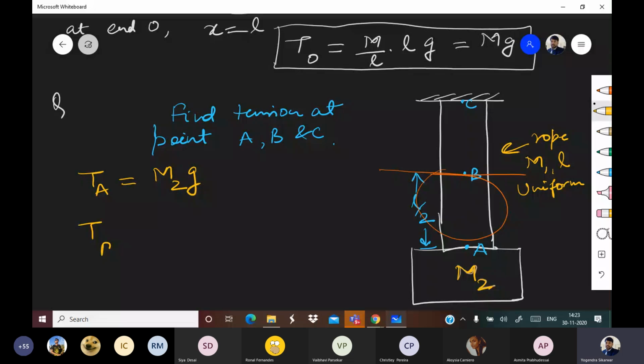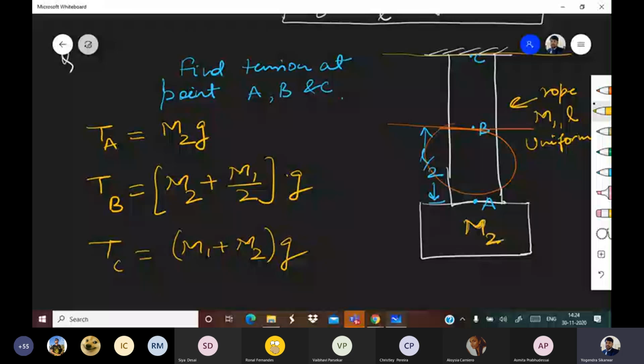If you go to point C and if you cut the string from there, whole of the m1 and whole of the m2 will fall. So Tc will be m1 plus m2 into g. So that's how we can get values. All right.